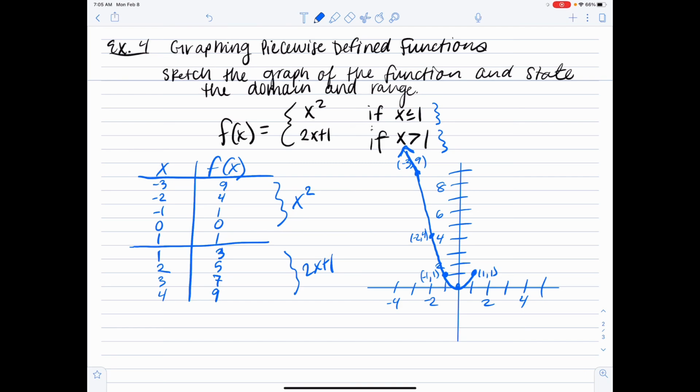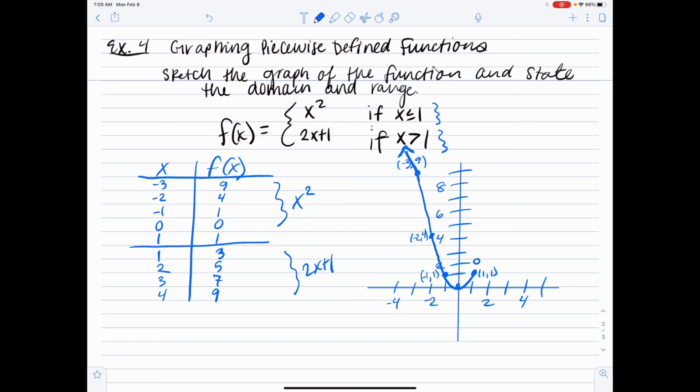Let's go ahead and graph our second set of values. 1, 3, so that's above it up here. But it's not included. So for the 2x plus 1, our domain is x is greater than 1, so it can't include that value at 1. But we need to plot it anyway, because we need to plot every value above 1. So we can show that that's an open circle, so it's not included.